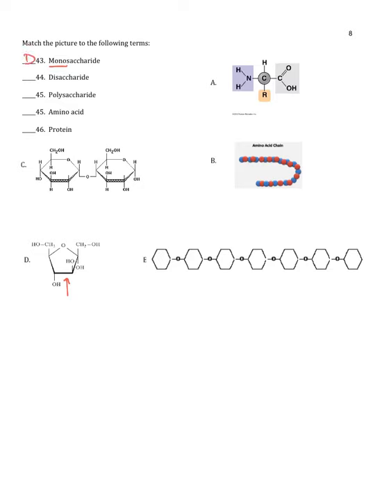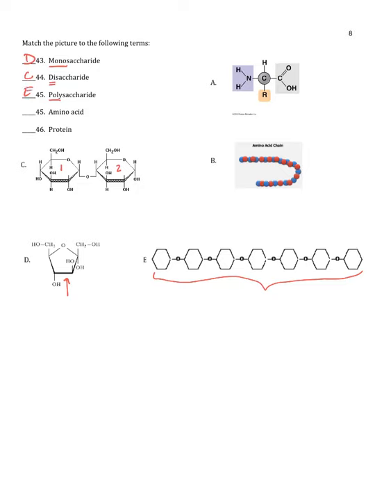Then we need to look at number 44 for a disaccharide. Remember, the prefix di means 2, and there is a sugar here with 2 sugars attached to each other, so that's letter C, the disaccharide. Number 45 is looking for a polysaccharide. Poly means many, and you'll notice that letter E has many sugars stuck together, so that's our polysaccharide.